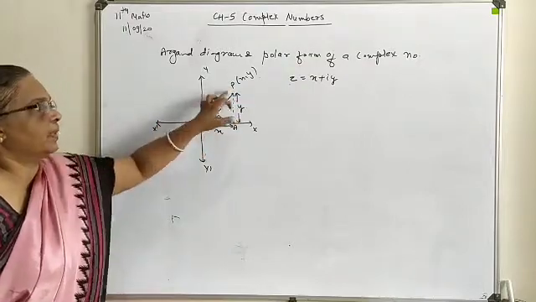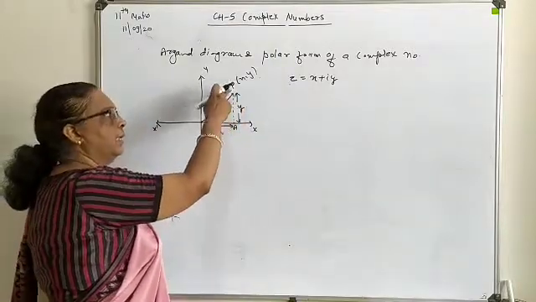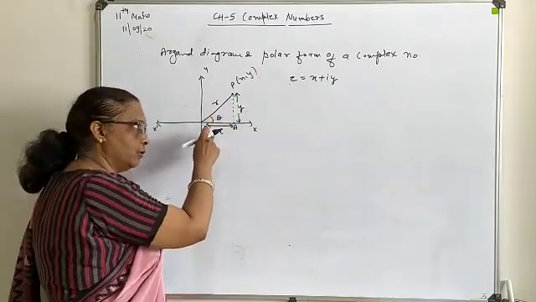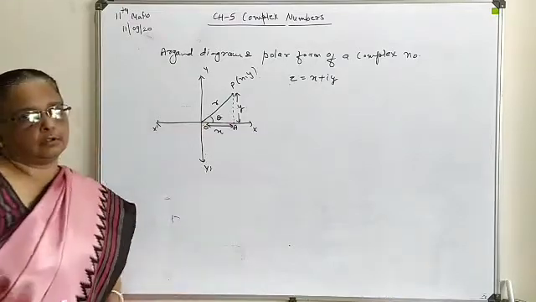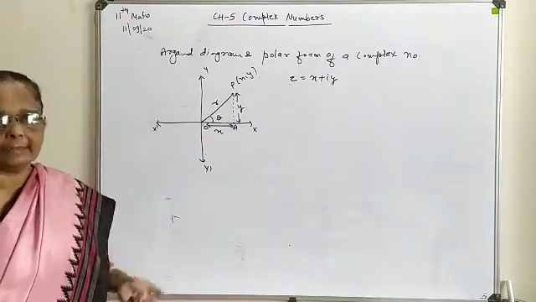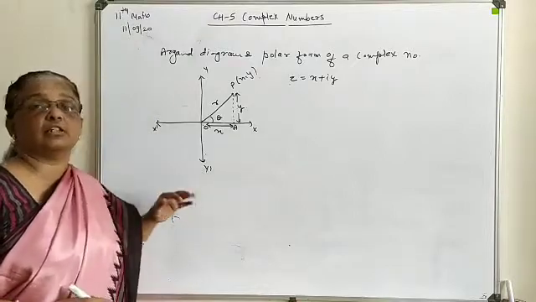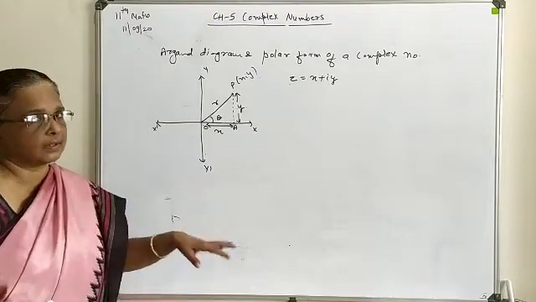So this P point will be located as per the position of your complex number, and if you join P point to the origin, with the positive direction of x, the angle we are going to form is to be called theta, and in language it will be called argument. So that theta will change as per the position of your complex number. How it will change, we will discuss later on.